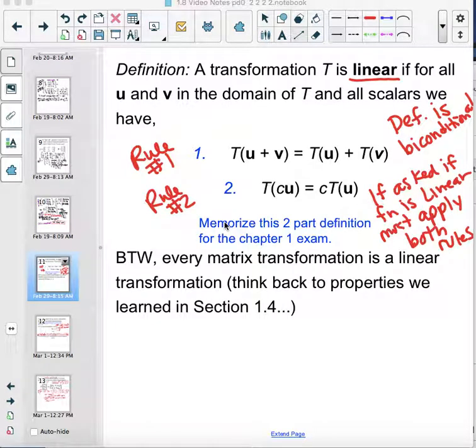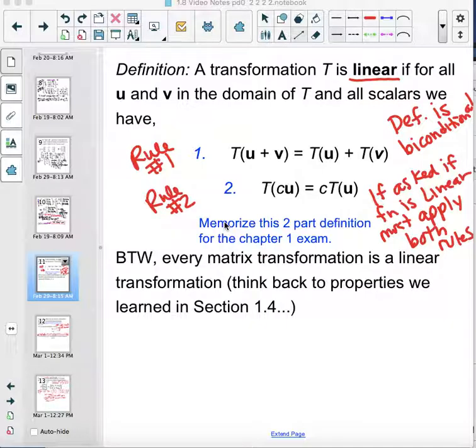Hello, hello. This is part 2 of section 1.8 in linear algebra, defining a transformation to be linear if for all vectors u and v in the domain of T, that is a function T, and all scalars c, we have the transformation of the sum of the vectors in the domain to be the sum of the transformations, that's rule 1, and also the transformation of a scalar multiple of a vector in the domain is equal to that scalar times the transformation of the original vector.